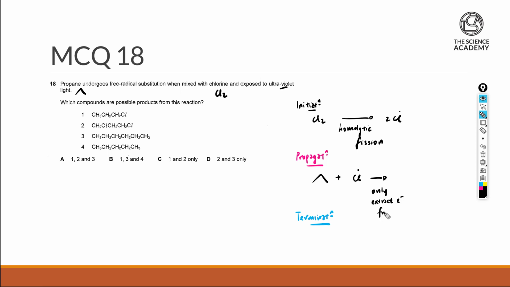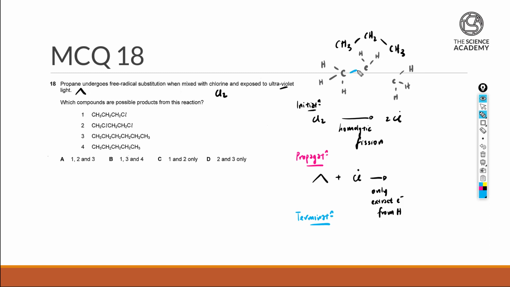an electron from hydrogen. So that means drawing it out, we have a CH3, CH2, and a CH3. We can only extract the electrons from my C-H bond. So to draw this out in a little more detail, we're going to have a C with 3 hydrogens, a C with 2 hydrogens, and a C with 3 hydrogens.